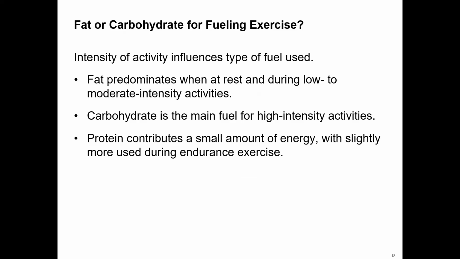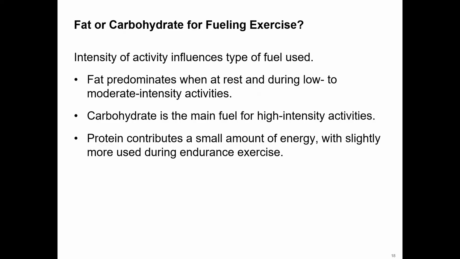Last couple of things we'll look at: what macronutrient is being used during what particular intensity level of exercise. It turns out that the intensity level of exercise or activity that we do does help influence which fuel type we use.